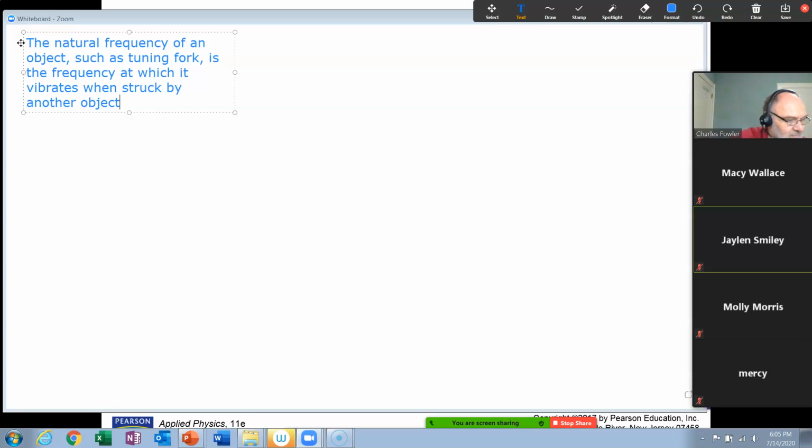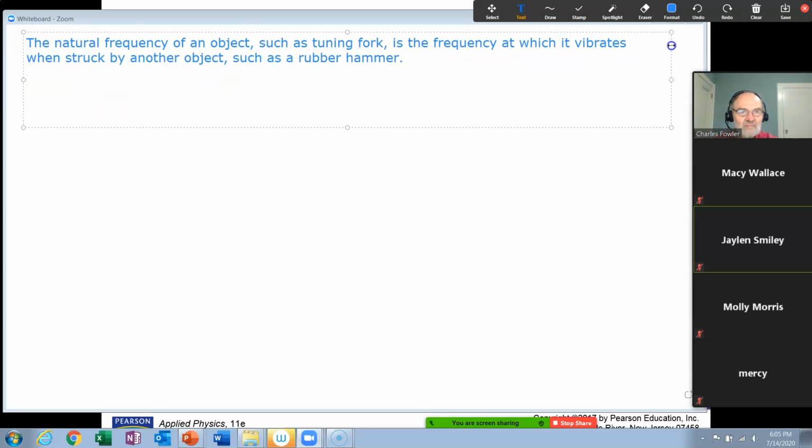Okay, nope, they have such as a rubber hammer. I don't know if that's necessary, but I'll type it in. Okay, the natural frequency of an object, such as a tuning fork, is the frequency at which it vibrates when struck by another object.